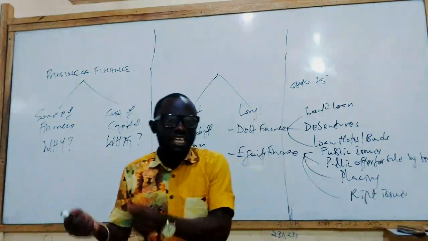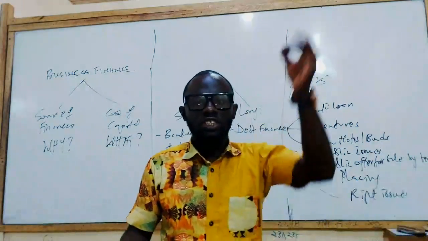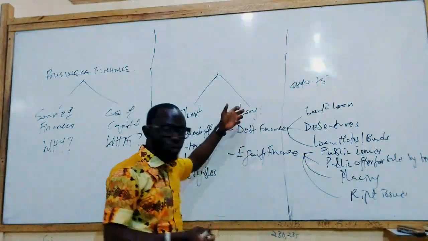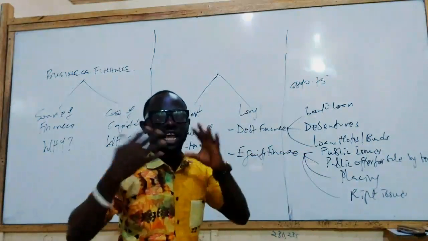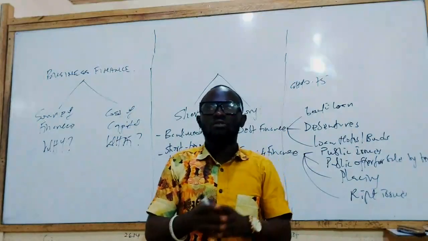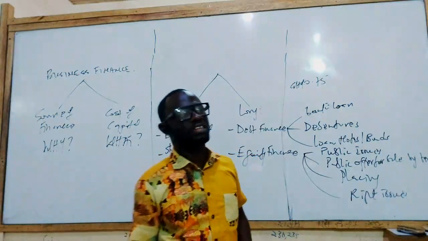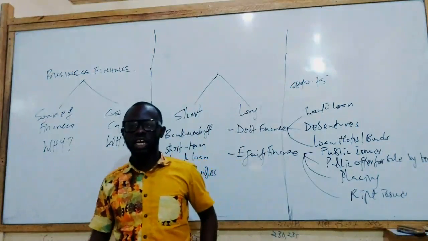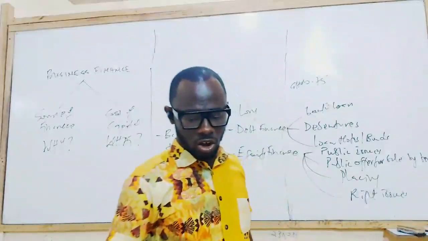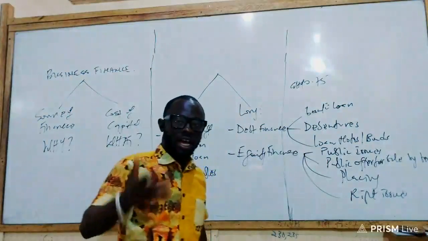Only that in the case of MTN, they did not issue those shares because they wanted money. They issued the shares because it was part of the regulatory requirements for them getting access to the 4G acquisition or bundle from the government.